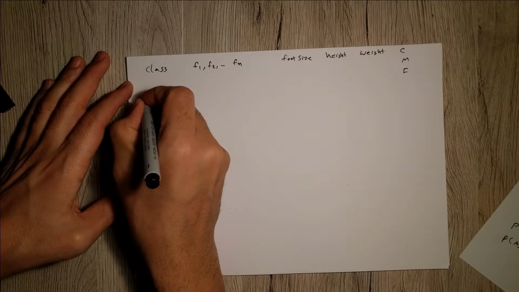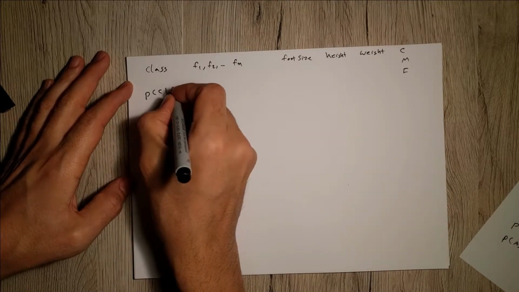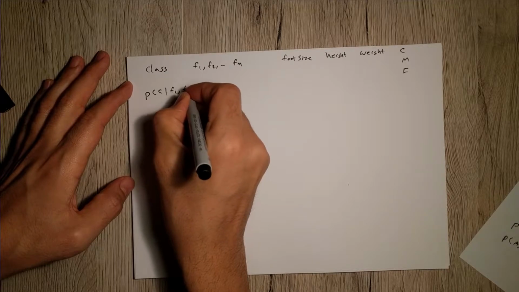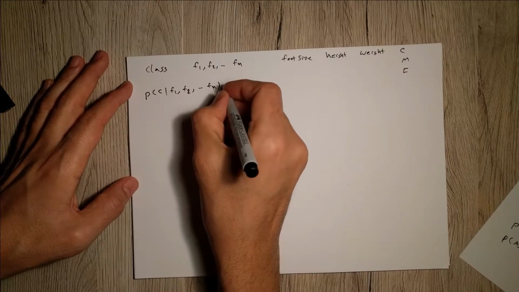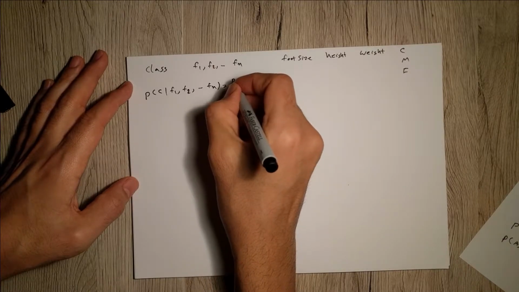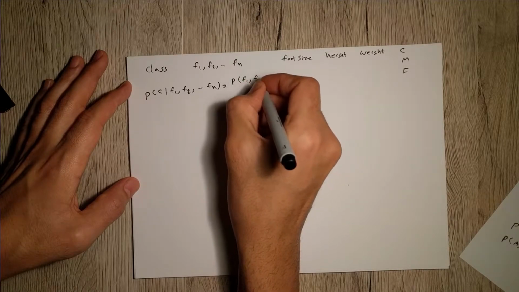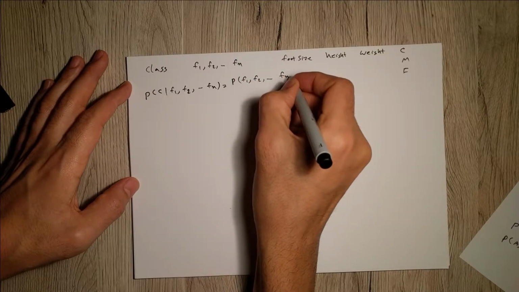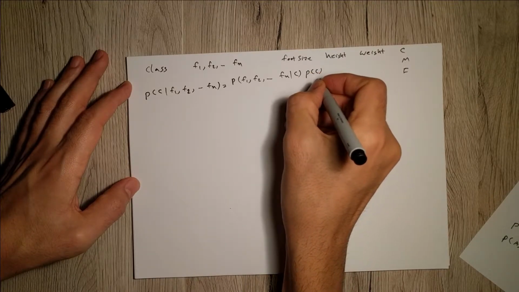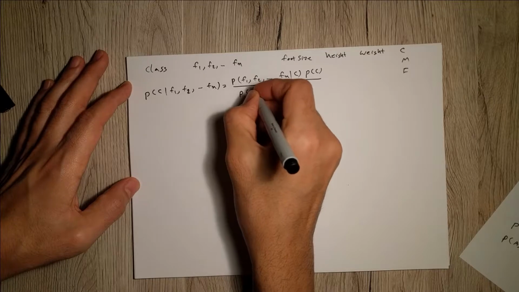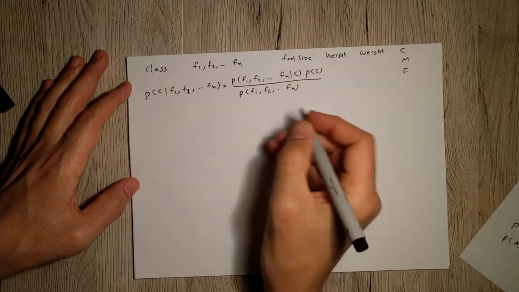So the probability of being male or female given this set of features f1, f2, up to fn, I use the Bayes rule here, is equal to the probability of f1, f2, fn given C multiplied by the probability of C, over the probability of f1, f2, fn.